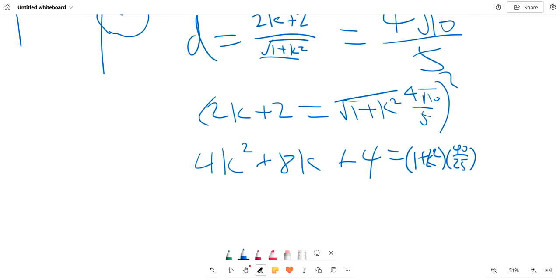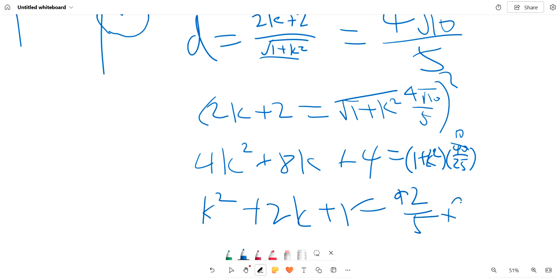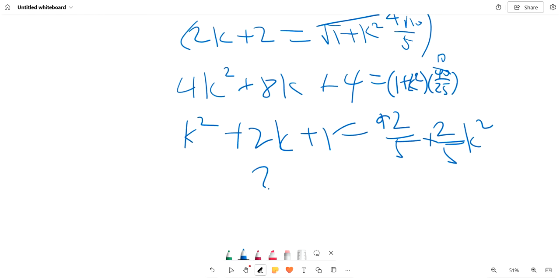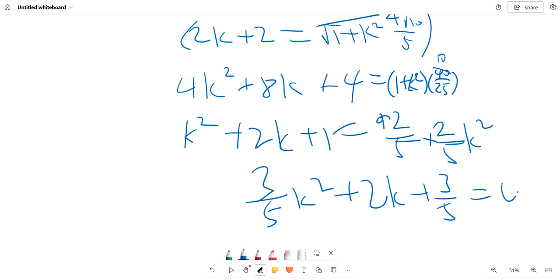And we can divide this, so it's k squared plus 2k plus 1 equals 2 over 5 plus 2 over 5 k squared, and 3 over 5 k squared plus 2k plus 3 over 5 equals 0.